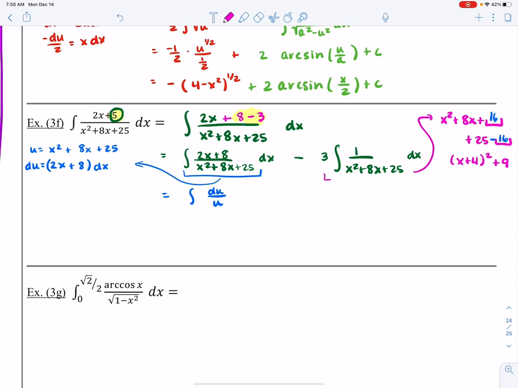So this integral becomes 3 integral 1 over x plus 4 squared plus 9 dx.